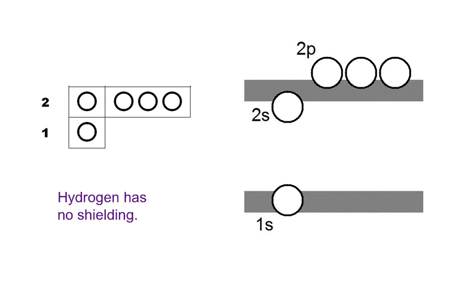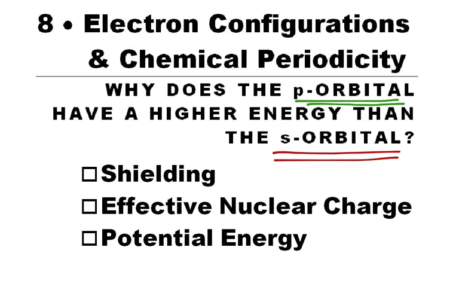You have the same energy for both of those. But when you get to the 2s and the 2p for multi-electron atoms, it makes a big difference. The 2s orbitals have a chance to get a large effective nuclear charge, so they are lower energy, and the 2p orbitals have less effective nuclear charge, so they get a higher energy. And that's kind of the story.